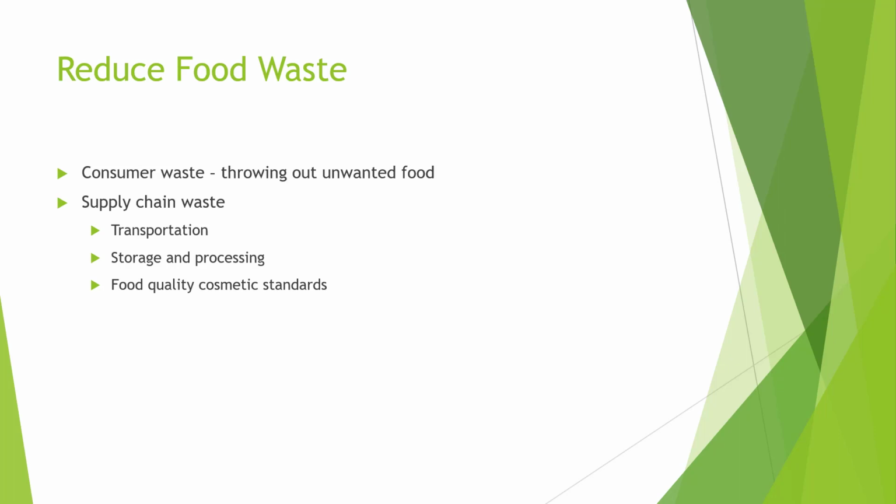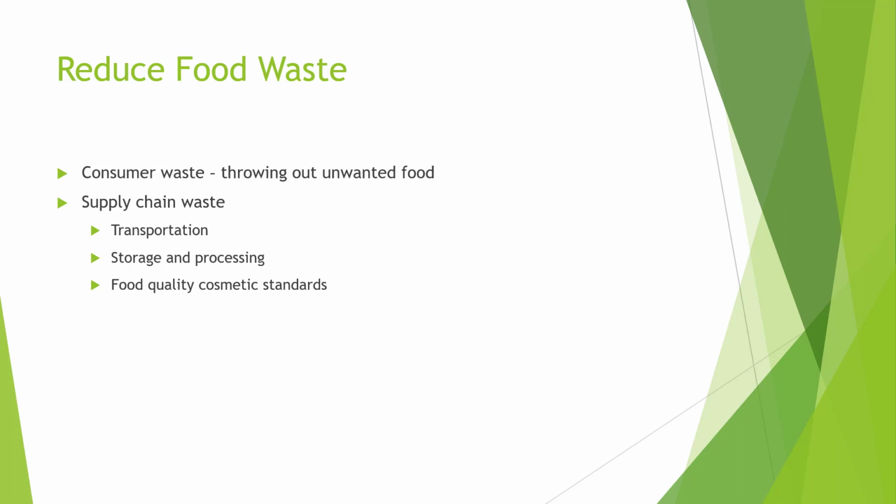Another way we can reduce resource waste is reducing food waste. So, eating leftovers and reheating food instead of just throwing out the unwanted food. And then there's supply chain waste: transporting, storing, and processing, and then food quality standards.